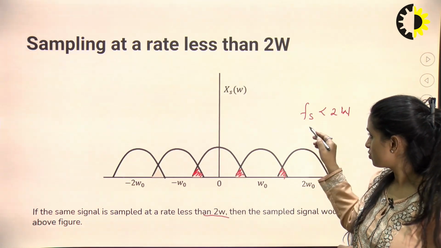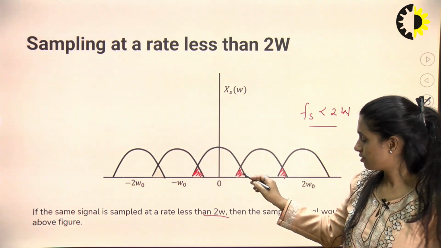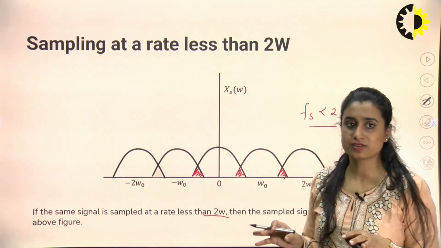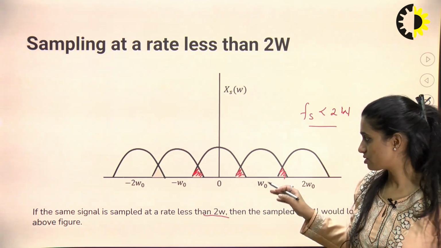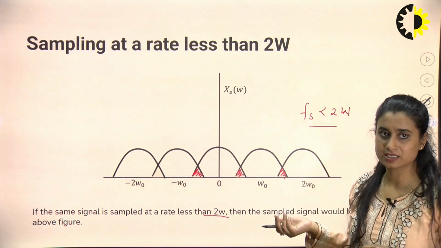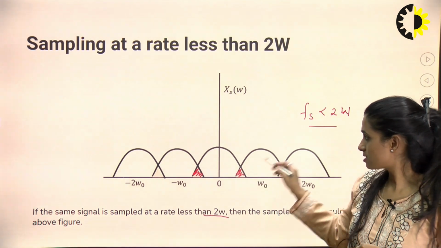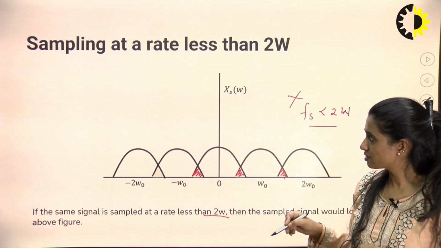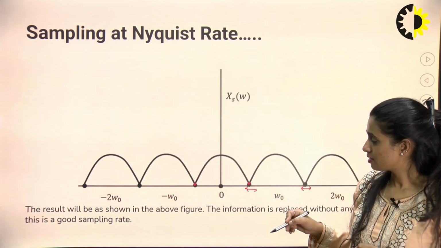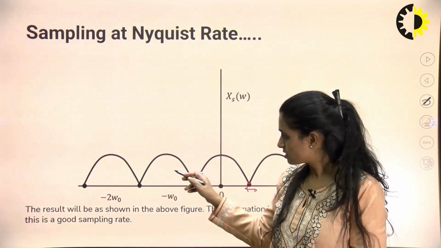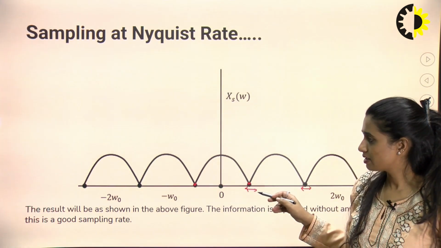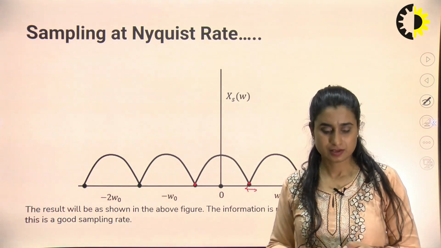This is what we do not prefer, as the identity of the low frequency signal and the high frequency signal is mixed, and because of this overlapping, we lose some data, right? So this isn't considered good. It's called the aliasing effect.